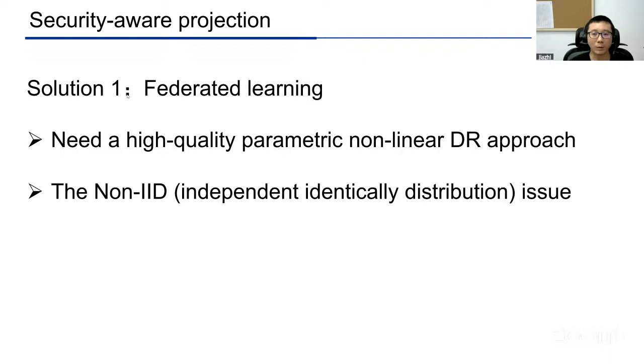Therefore, we held off on this idea at that time. The second reason is a non-IID issue. The quality requirements of joint embedding are higher than for classification models. In comparison to classification accuracy, embedding has more strict quality metrics.